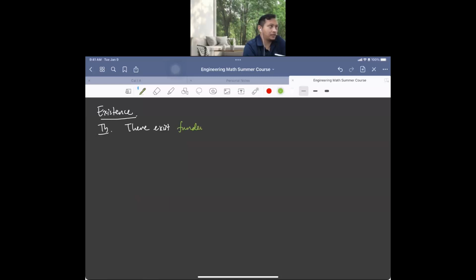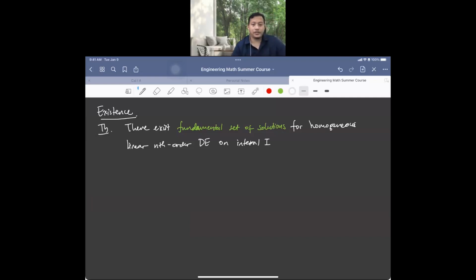So there exists a fundamental set of solutions for a homogeneous linear nth order differential equation on interval I. So first we need to define whether it's homogeneous or not.